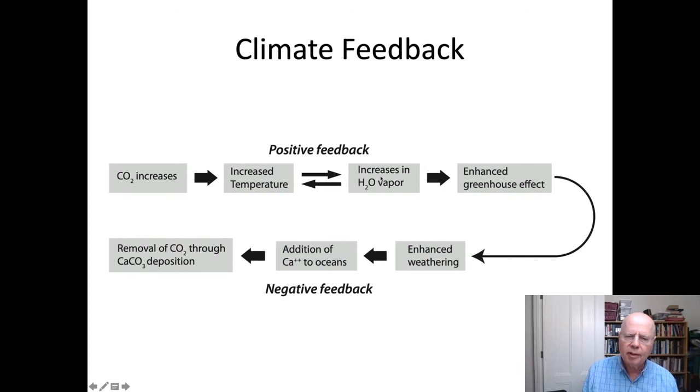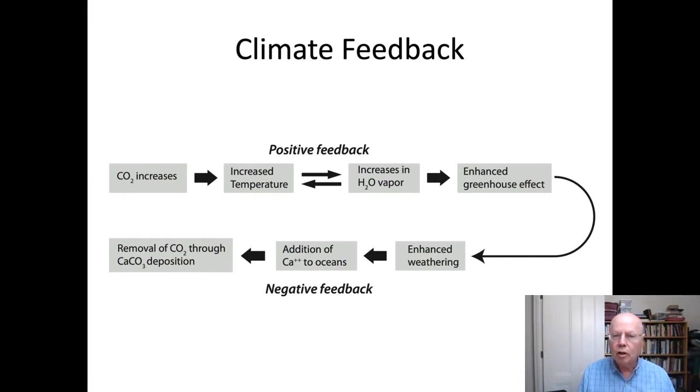Water is much more abundant than carbon dioxide in the atmosphere, and it's also a greenhouse gas. So the CO2 leads to a positive feedback with water. That leads to much more extensive warming of the atmosphere. Now we have an enhanced greenhouse effect. The temperature is higher in the atmosphere. There's more rain.